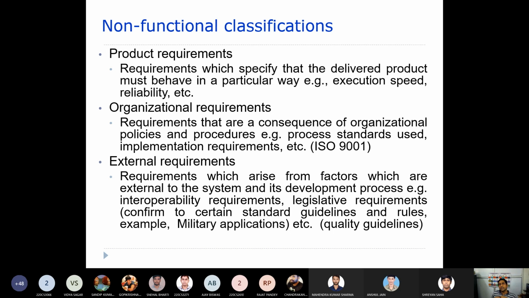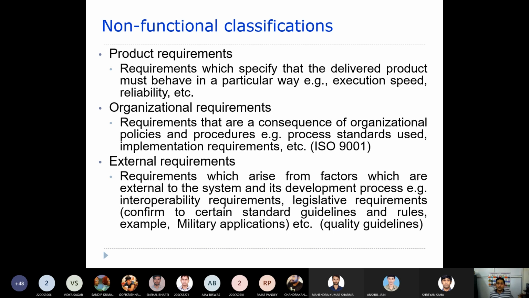Let's say you develop the software and use a 2.4 gigahertz frequency. This is a freely available frequency band, the ISM band, so you can use it for your purpose. But if you are doing something for commercial purposes, you have to buy a spectrum, which cannot be operated on these freely available spectrums.